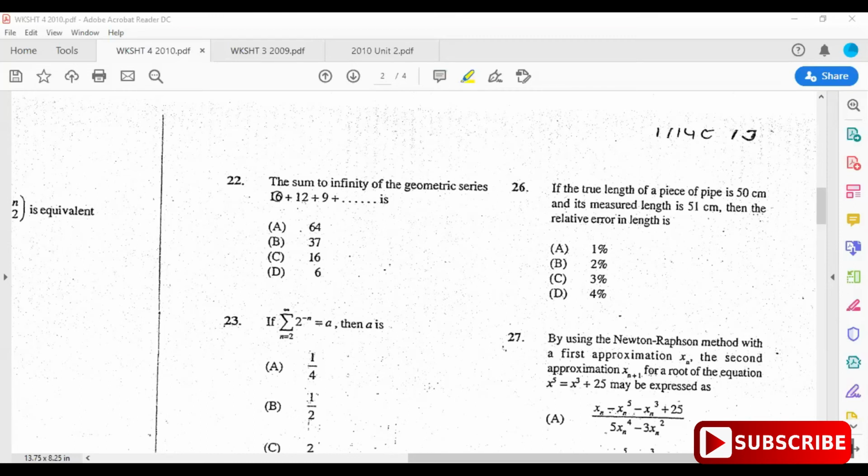So it's 16 divided by 1 minus r. r is 12 over 16, and 12 over 16 is 3/4. So 16 over 1 minus 3/4 is 16 over 1/4, which is 64.